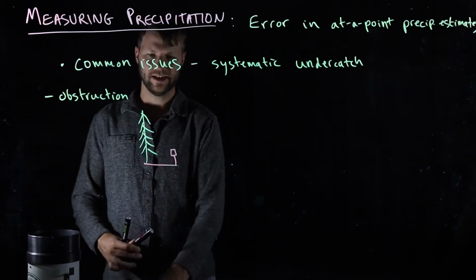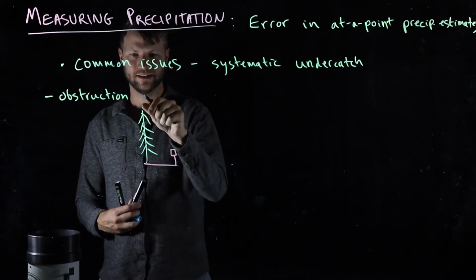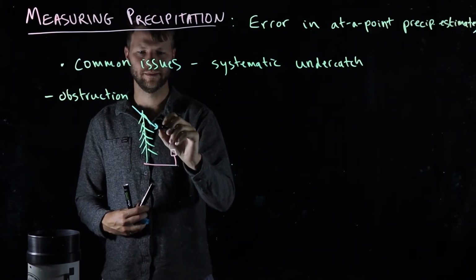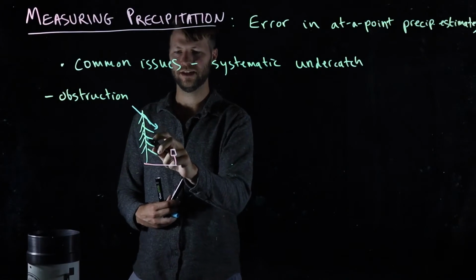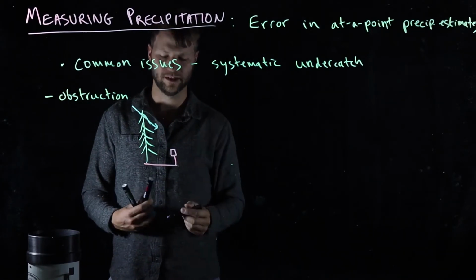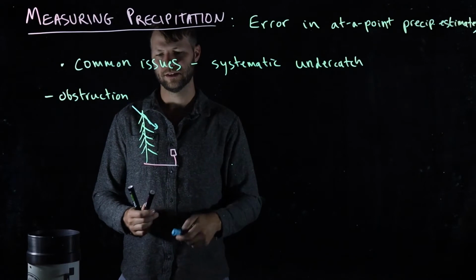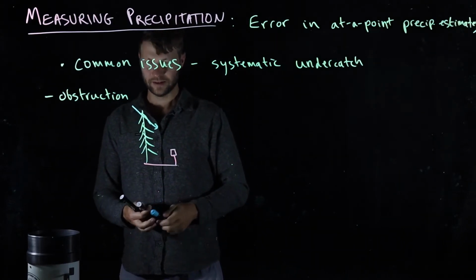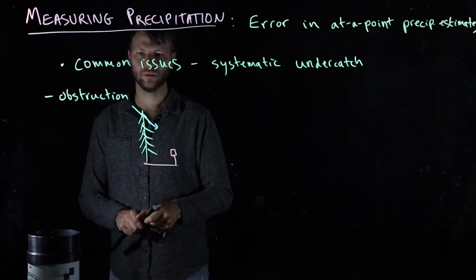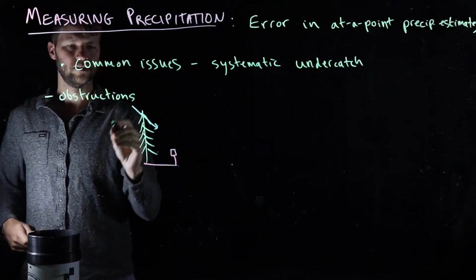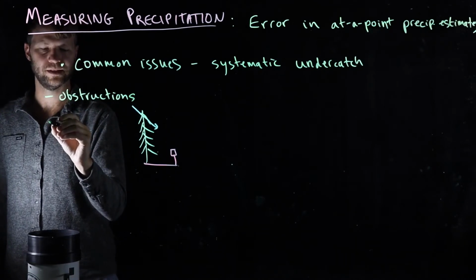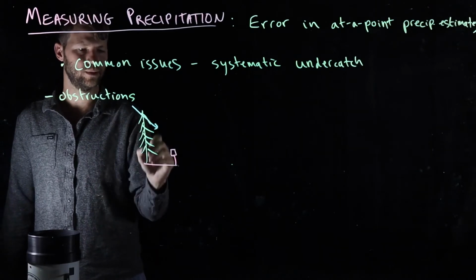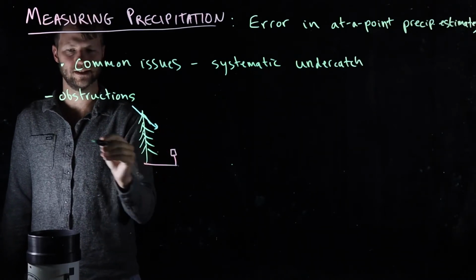The issue here is that if it's windy, for example, let's say the wind is coming in this way and it's causing the rain to blow this way, this obstruction, or the tree, is going to block some of the rain from reaching the gauge, and therefore it's going to result in an underestimation of the actual amount of rain that's falling.